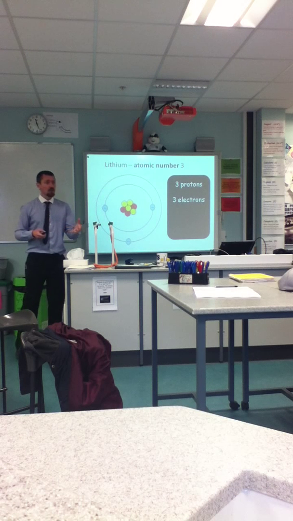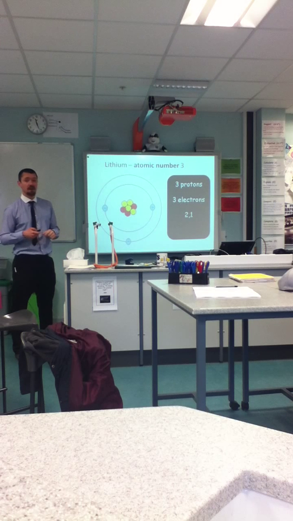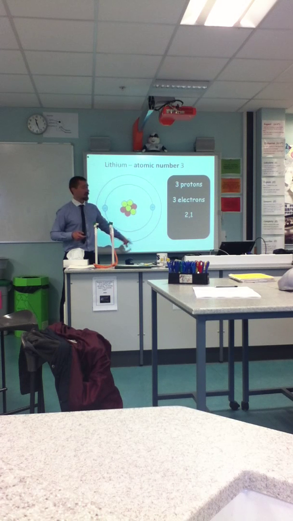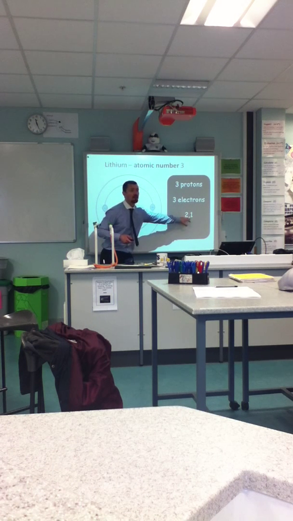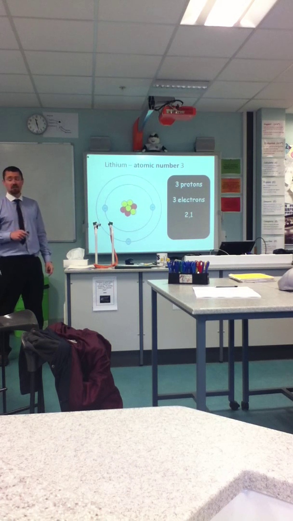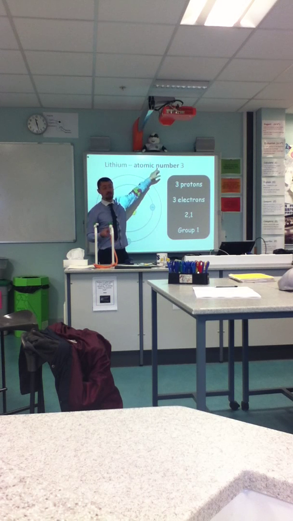And we also know, because you can only fit 2 electrons in the first energy level, the electron configuration will be 2 in the first shell and 1 in the outer shell. So 2, 1. And the last brilliant bit of information is, if there's 1 electron in the outer shell, we know that that atom is in group 1. So just from knowing the atomic number, we can start to deduce loads of other really useful information.